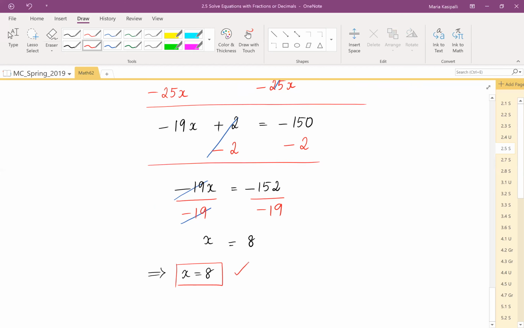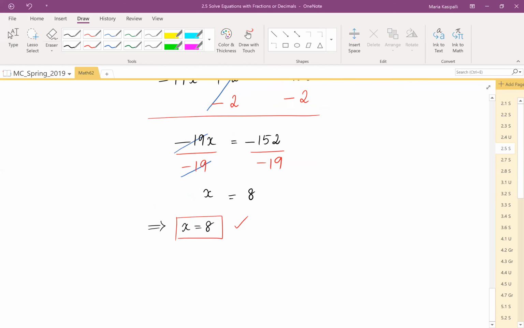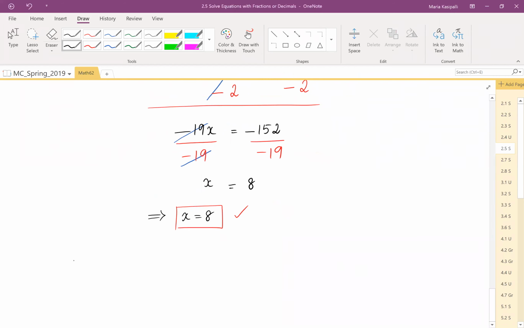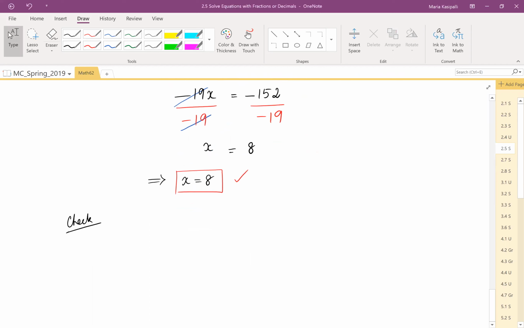So clearing the fractions and clearing the decimals is the way to go. However, in checking these ones, you have to keep them in the decimal form. That's the only catch here. So I'll just do the check, just to highlight to you that you will not tamper with the original question. 0.06x plus 0.02 equals 0.25x minus 1.5.